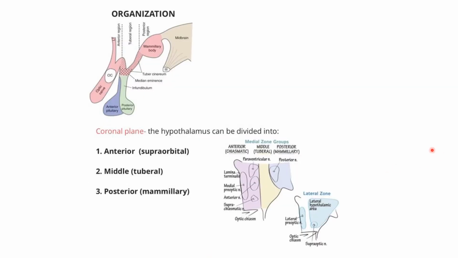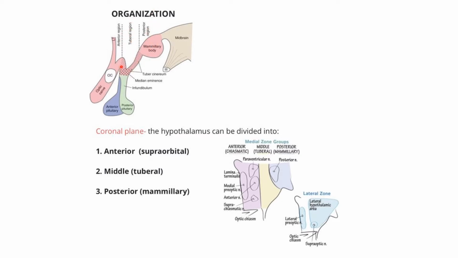So here is another organization. It can be divided into the anterior or supraoptic, the middle or tuberal, and the mammillary or posterior region.